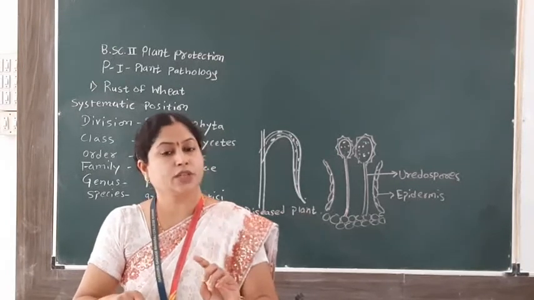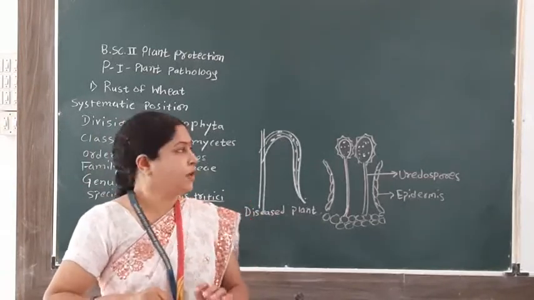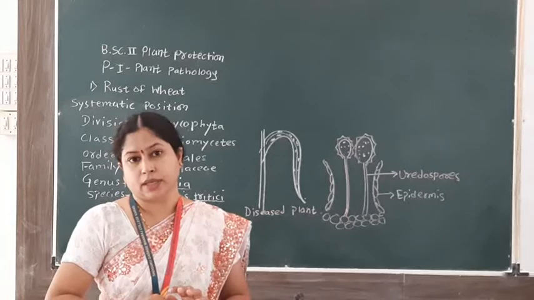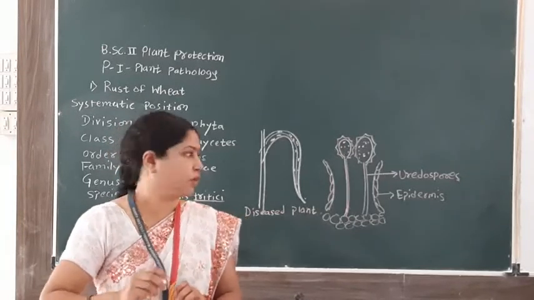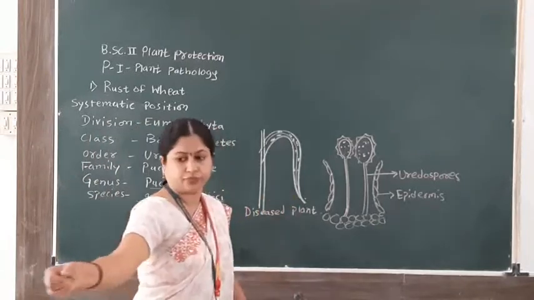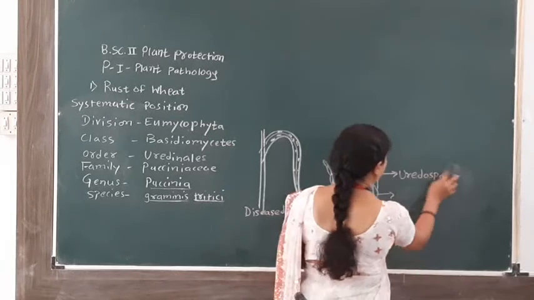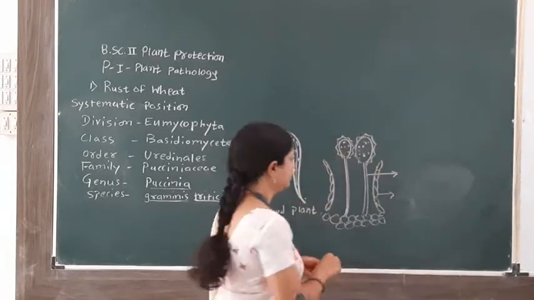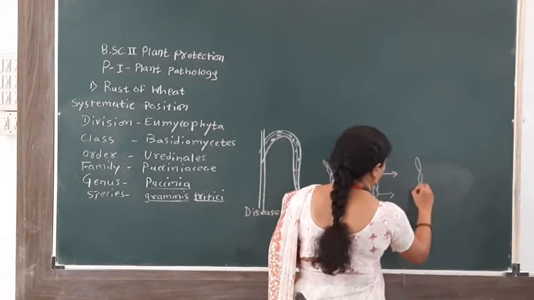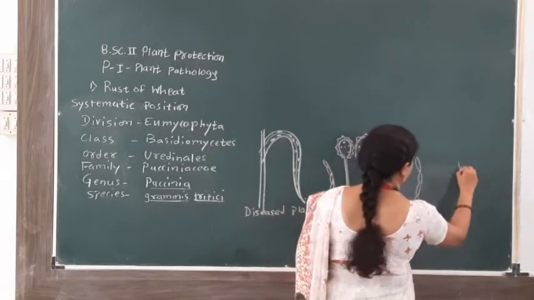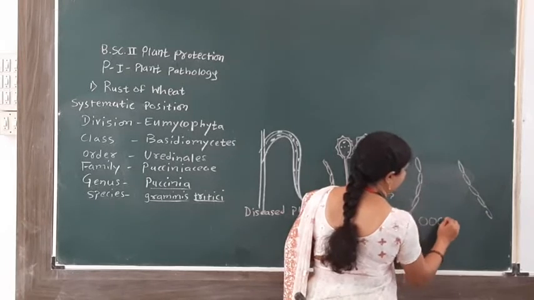This is the first stage, which occurs on the wheat leaves or wheat plant. When this becomes mature, we find the next stage of this disease, which is called teliospores. These are again stalked structures.